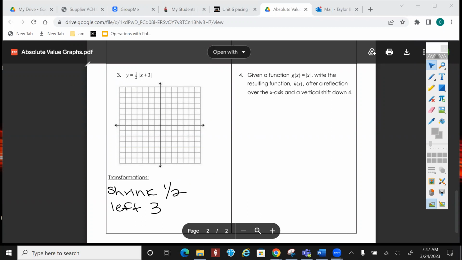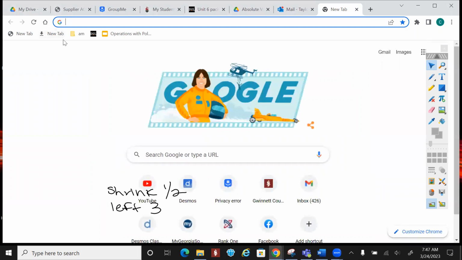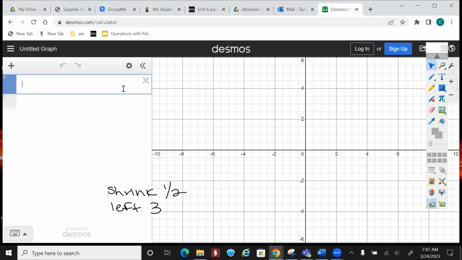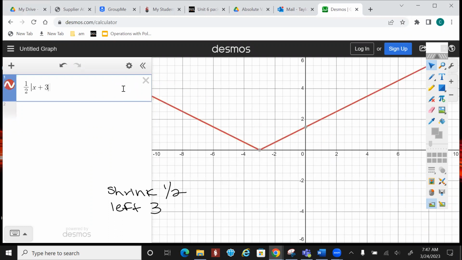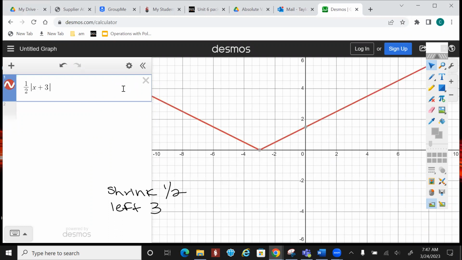And let's say I'm feeling lazy today and I don't want to hand graph this, so I go into Desmos. I'm going to type 1/2. Remember, how I get the absolute value is I hit shift backslash, and then I'm going to type x plus 3, and then finish it with absolute value. Boom.